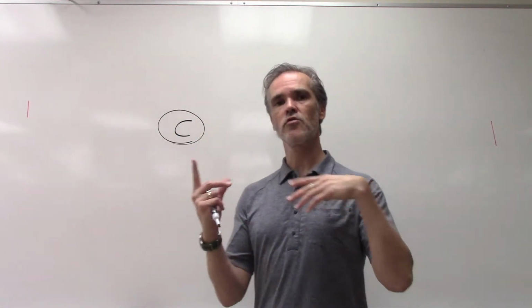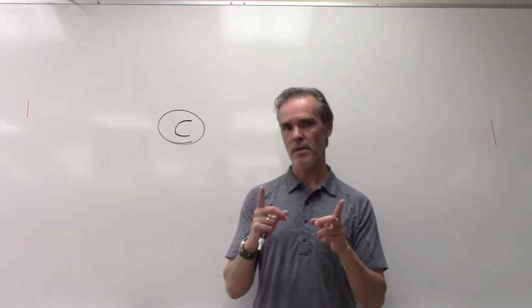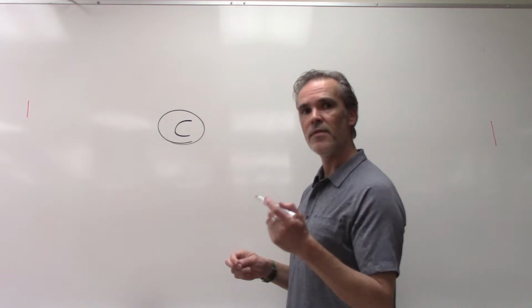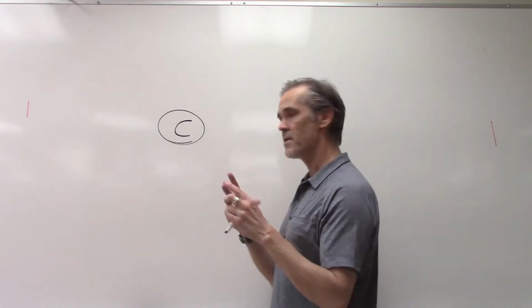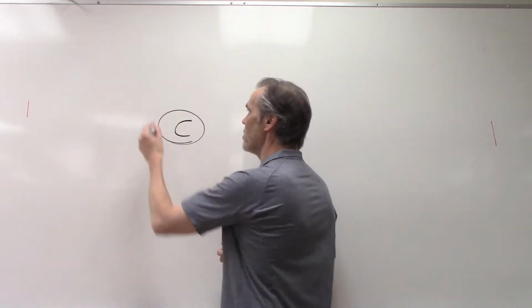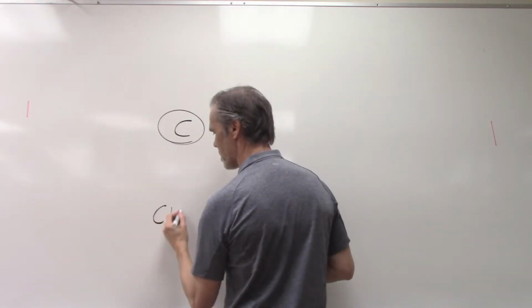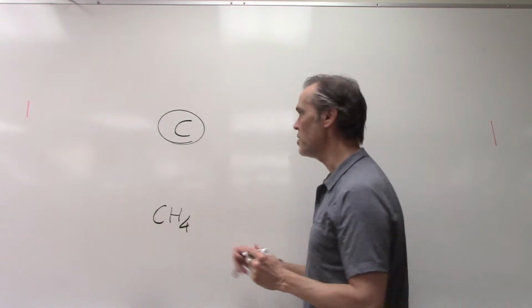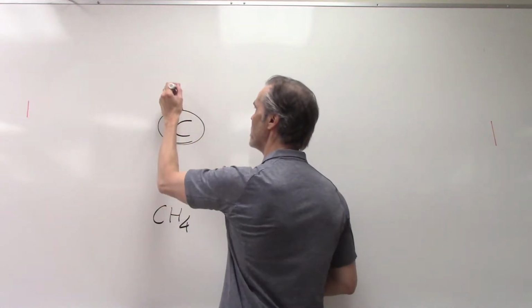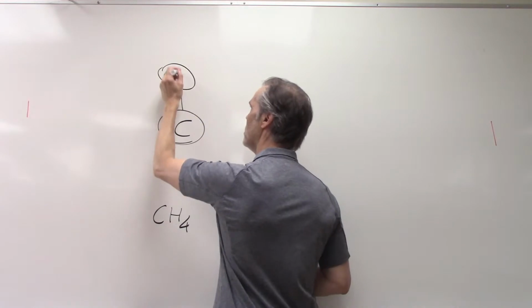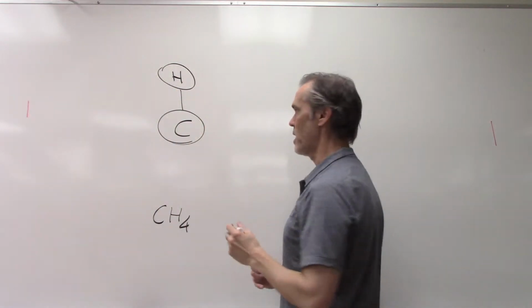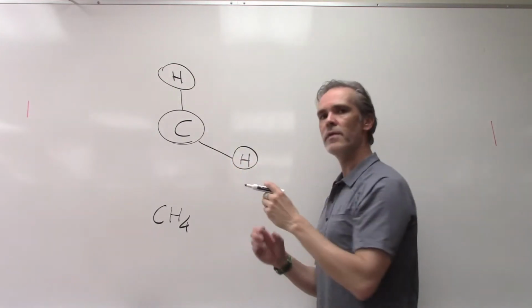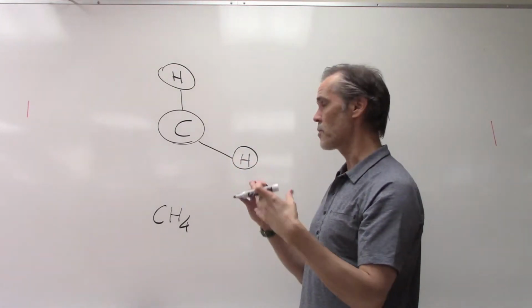So when we look at the 3-dimensional structure of methane, if you remember, methane's chemical formula is CH4, as we can see here. Methane is connected to 4 atoms of hydrogen, right? So we have one here, we have one here. But remember that this is three-dimensional.